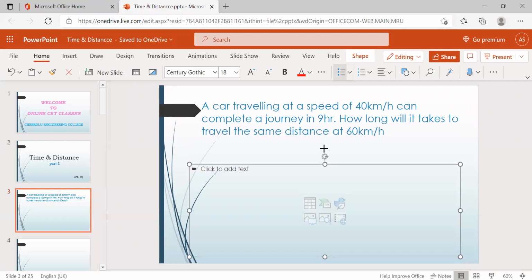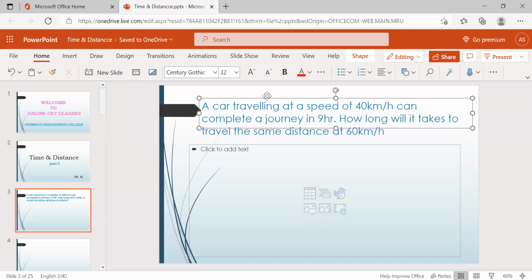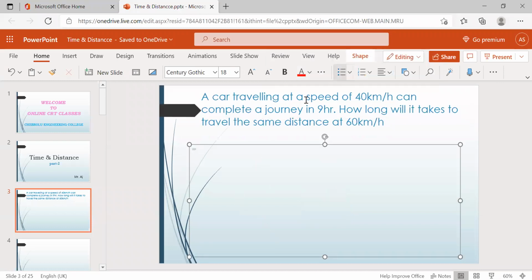And what they're asking here, see. The car traveling at a speed of 40 kilometers per hour can complete a journey in 9 hours. And how long will it take to travel the same distance at 60 kilometers per hour?